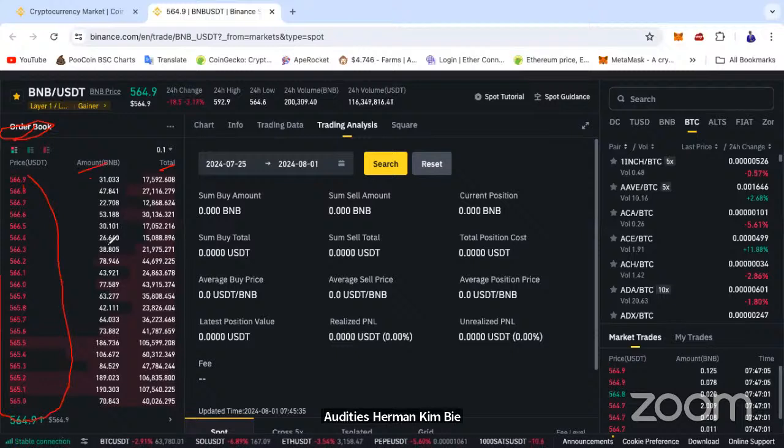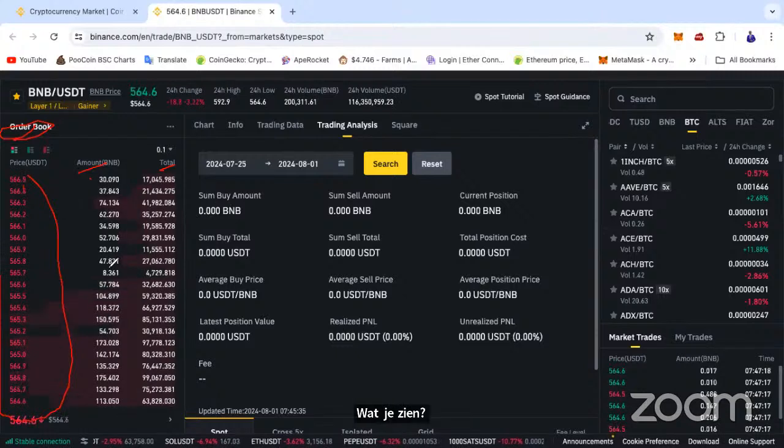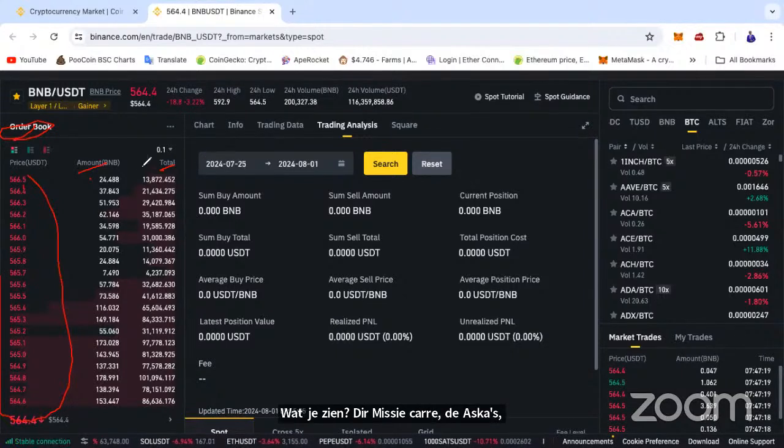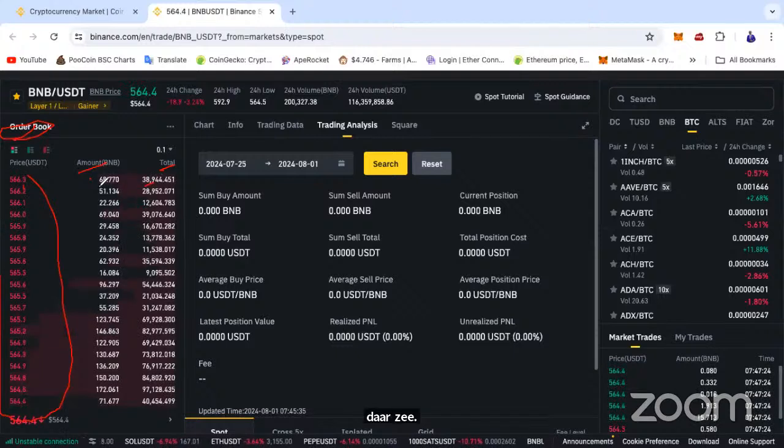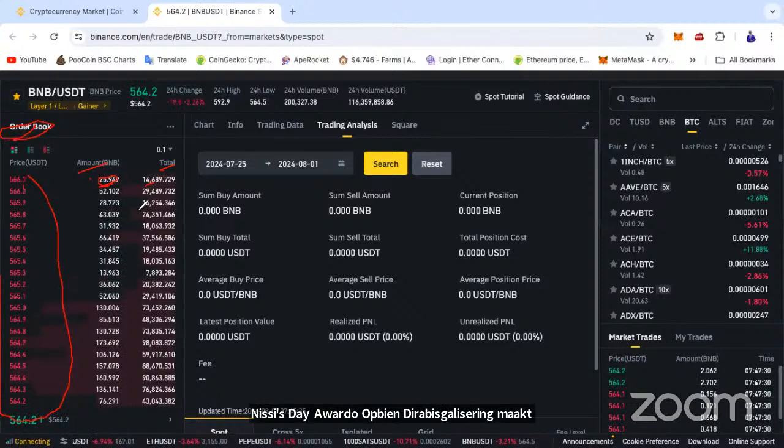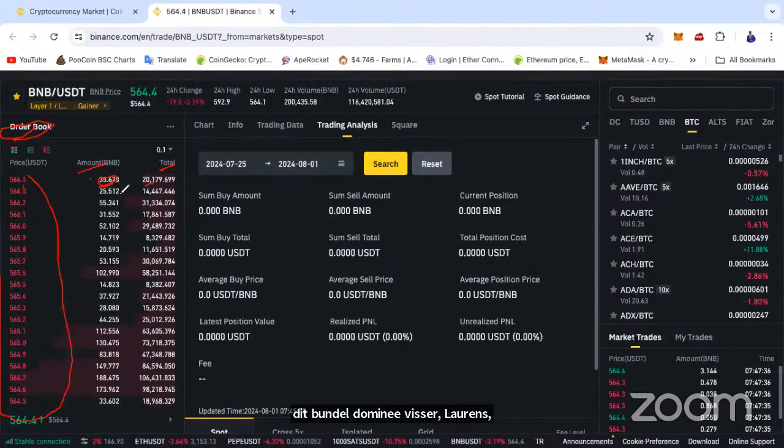And here, what you see in red on this side, they are basically the askers, the people that are selling. And what you see here, this is the amount of BNB that this guy is selling. But here is the total. So whenever a sale happens, the previous sale is added to the next sale.